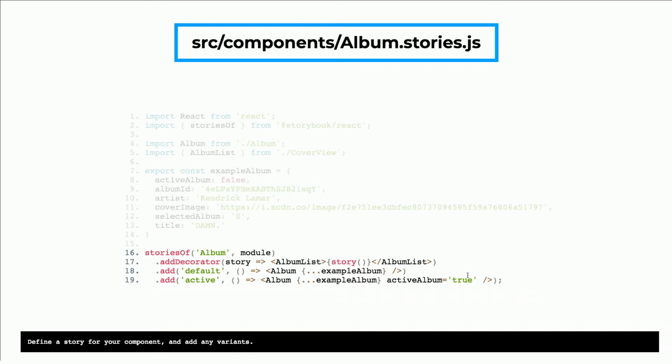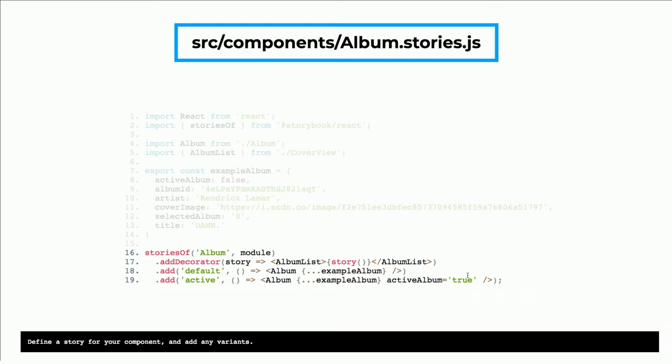What that does is that just takes the example album object and just kind of blows it up, and lays out all of the different values of the object as props. As props in this case because we're passing it into the component, but it just takes the artist name and cover image and everything and just passes that along to the component. So it's a nice clean convention there that I've seen in some Storybook tutorials. So you define the mock data and then you just use that object spread to pass it in.